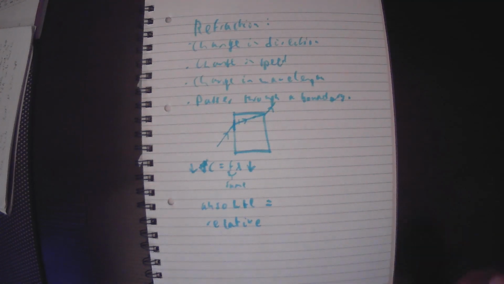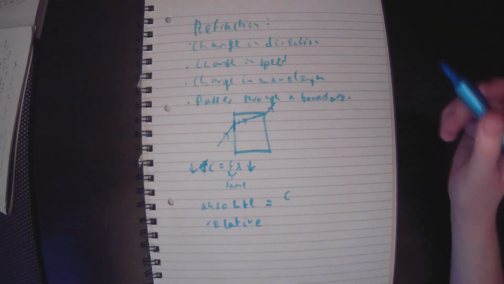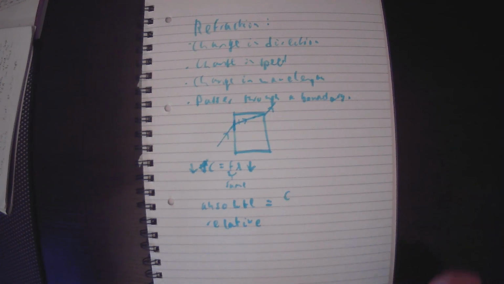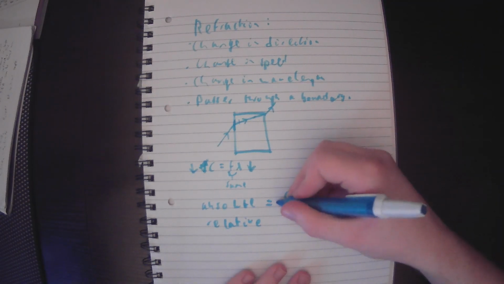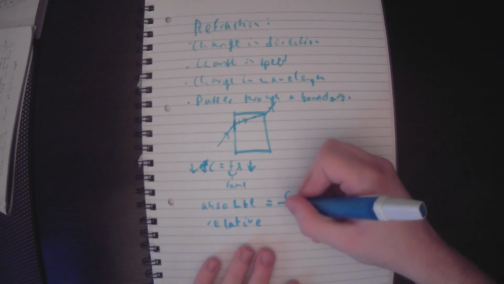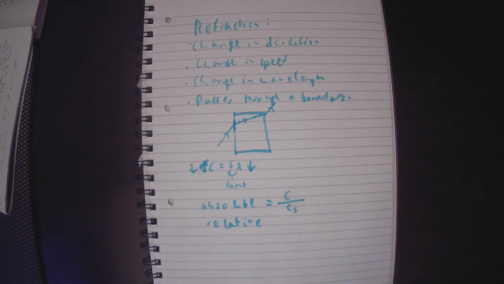The absolute refractive index is measured by taking the speed of light in a vacuum, which is in your data booklet, 3 times 10 to the 8 meters per second, and dividing that by the speed of light in the medium, which is denoted by c subscript s.